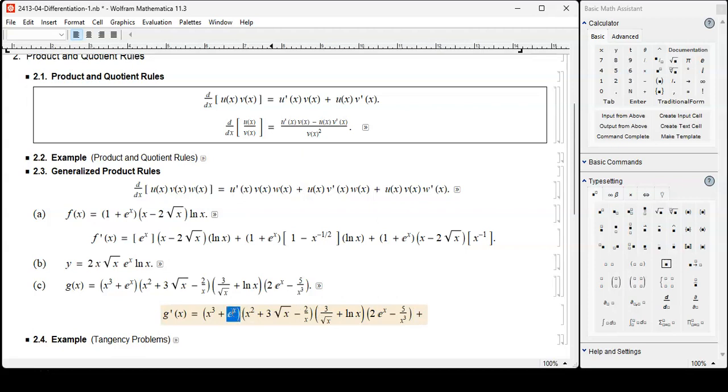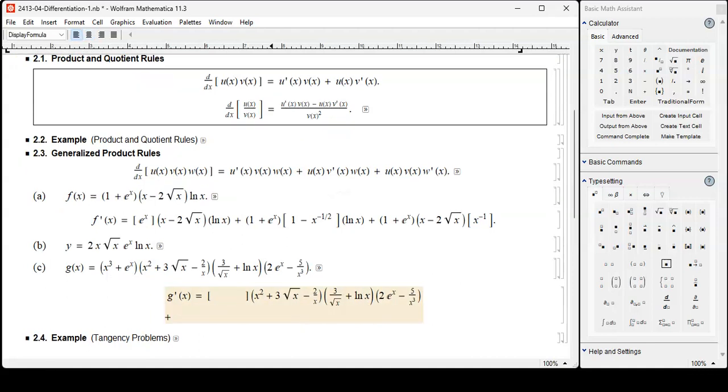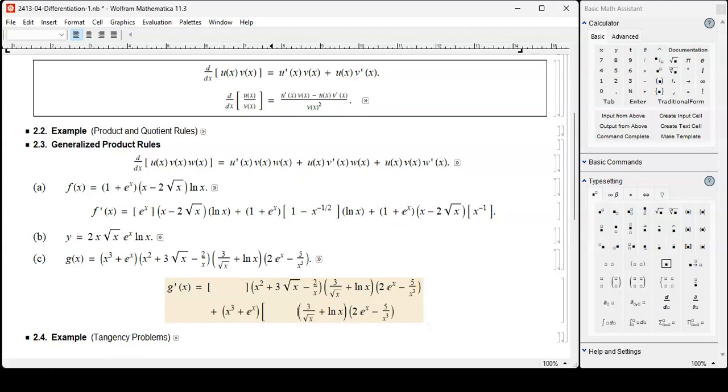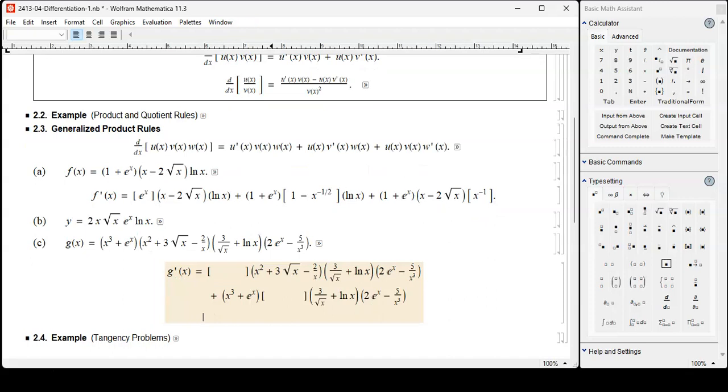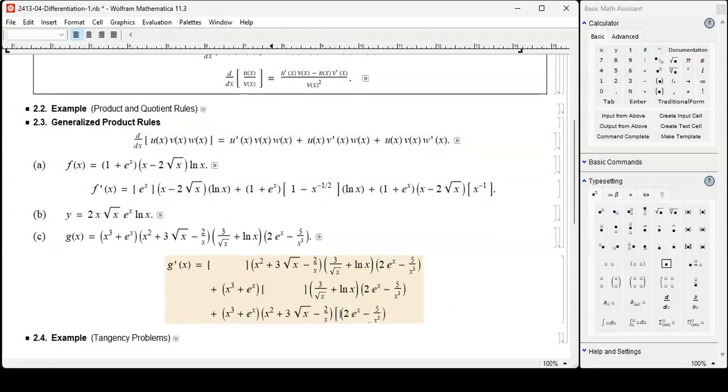The first one here is going to be a derivative computation. And then next, the second one here is going to be the derivative computation. And then third one here is going to be the derivative computation.